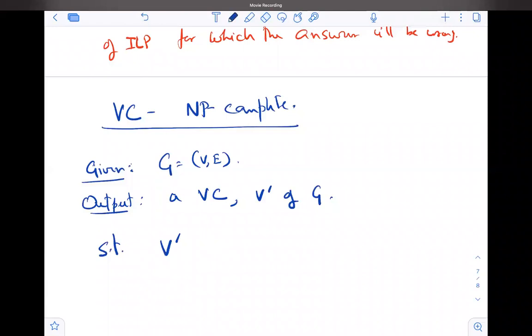So what is the vertex cover problem? In the vertex cover problem, you want to minimize the size of the vertex cover, right? Yes, sir. I don't want you necessarily to find the minimum, but prove that the size is less than 2 times the minimum size of a vertex cover of G.